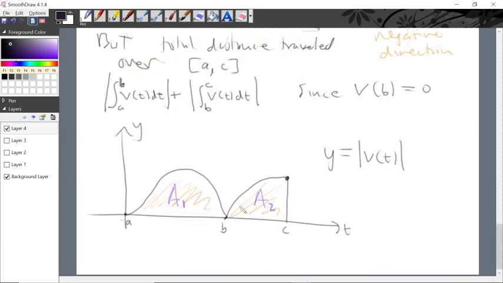Okay, so we can interpret this then as the total distance traveled. So that is the integral from a to c of the absolute value of the velocity function dt, right? Well, then that becomes the total distance traveled over the closed interval from a to c.